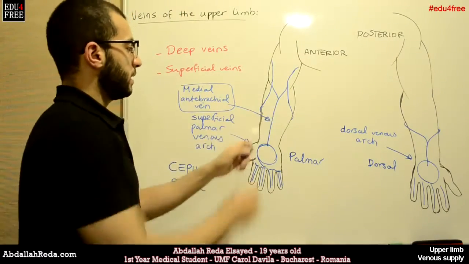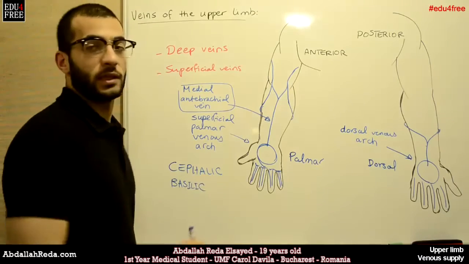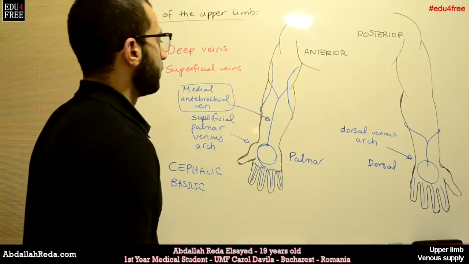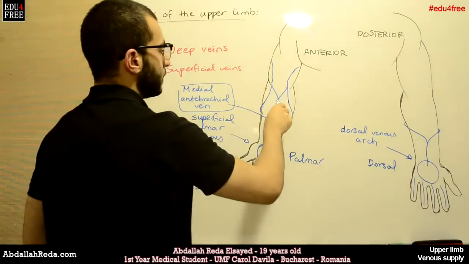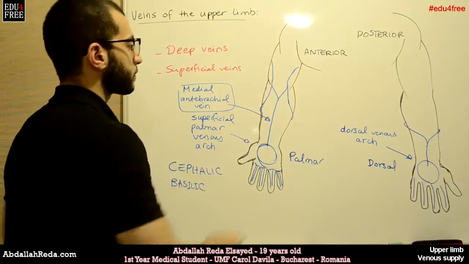This pattern, this M pattern, is the pattern which is used at the venous puncture at that point. So the puncture is done at that M pattern.